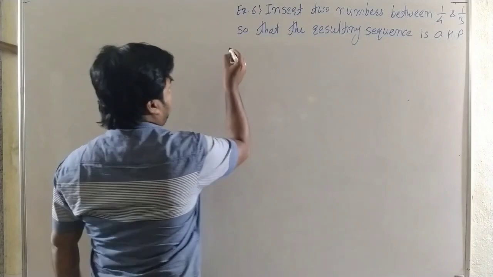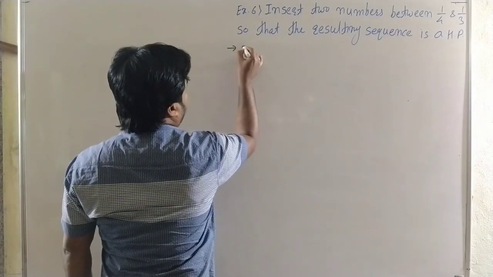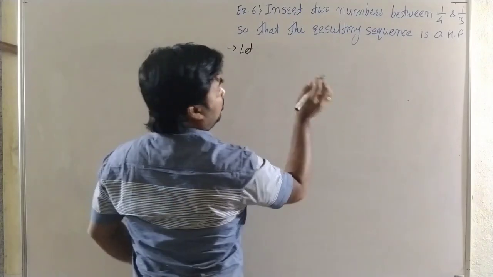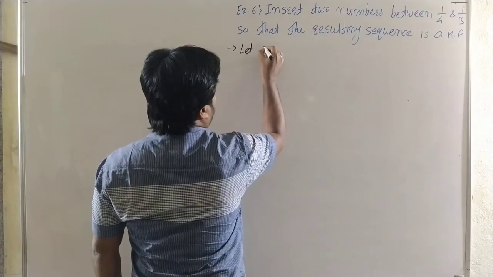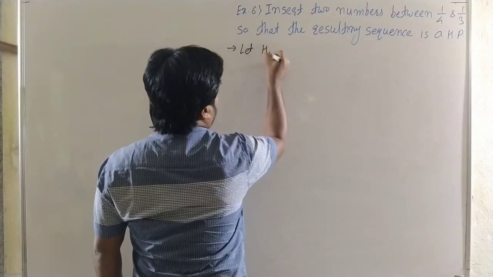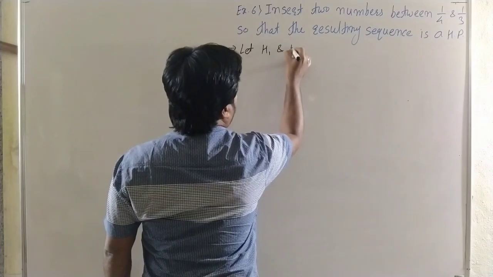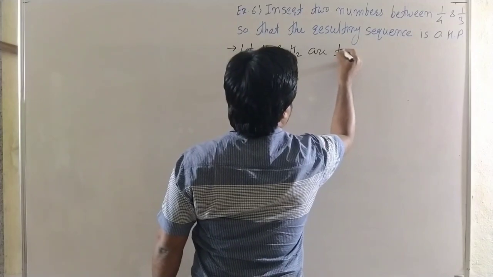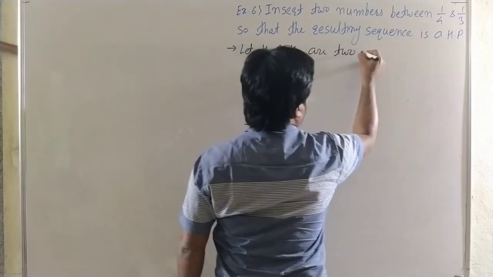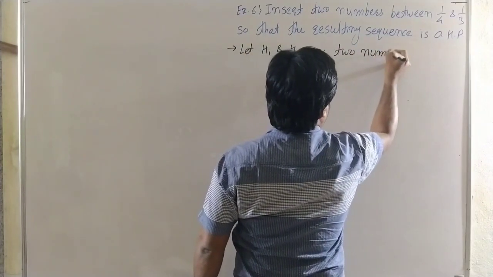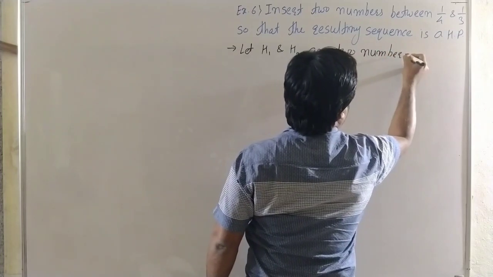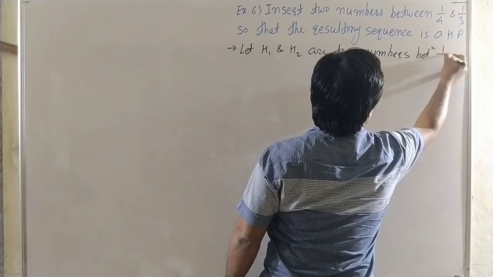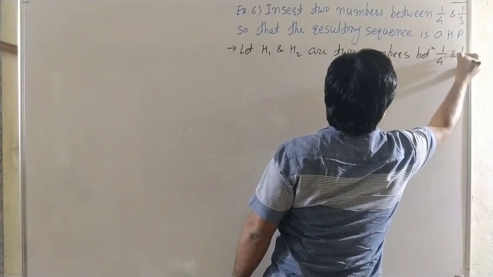Okay, here see carefully. Let h1 and h2 be the two numbers between 1 by 4 and 1 by 3.